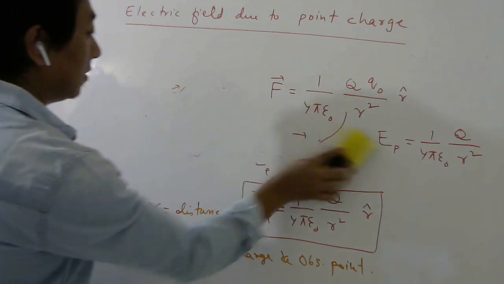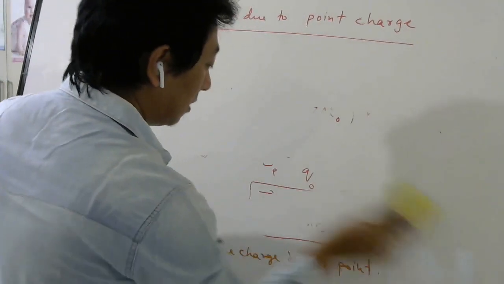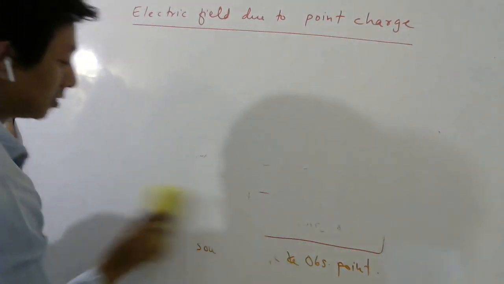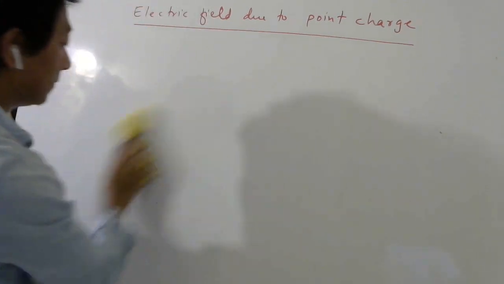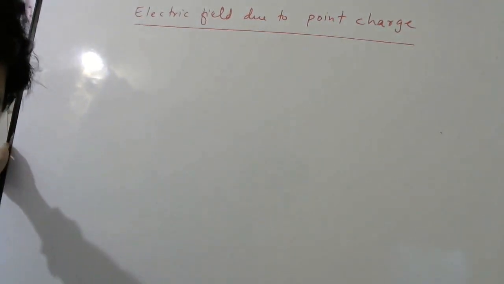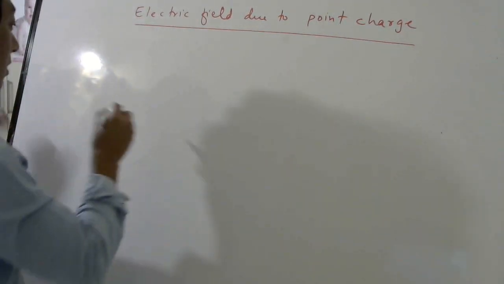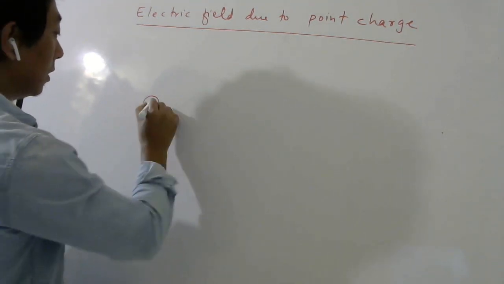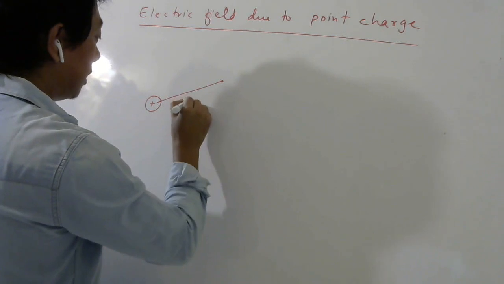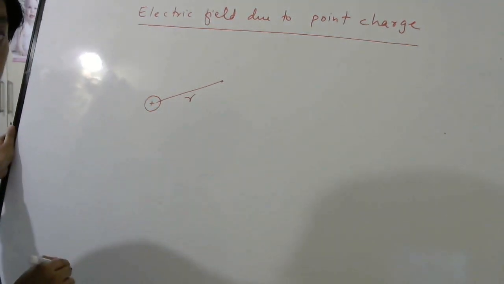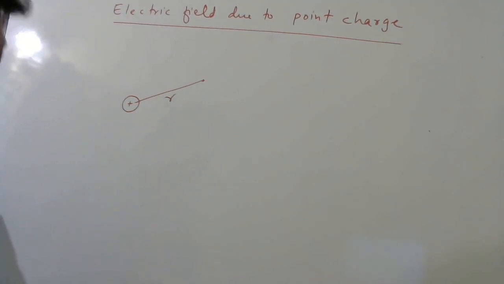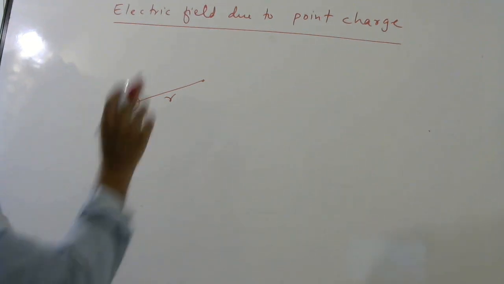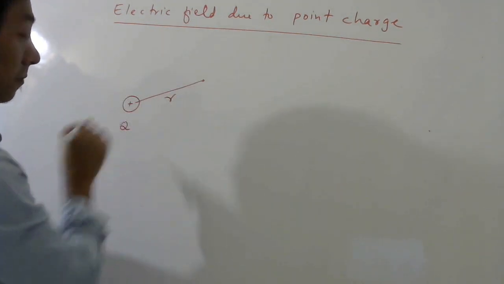Fine. Now we have seen the magnitude. What about direction of electric field? So let us say your source charge is positive. Then at this point, at a distance r, you know how to write the magnitude, 1 by 4 pi epsilon naught q by r square, only q.